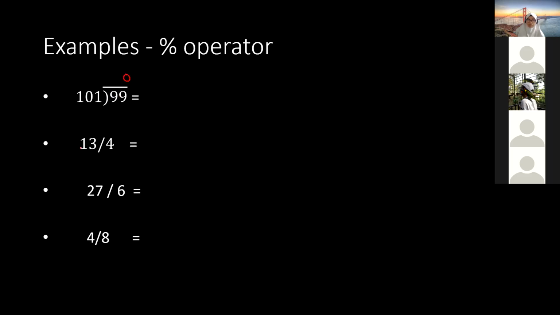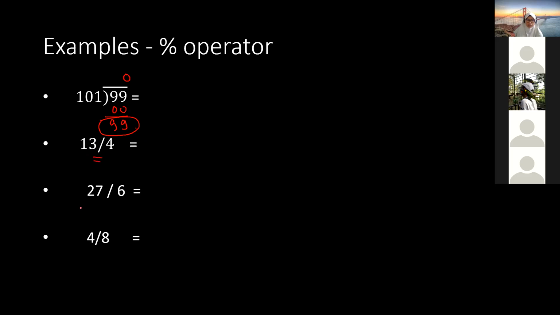So this is 0. If you put 1, you cannot evaluate this one. So this should be 0 and then 99. So the remainder of this one is 99. There's no way that you can divide that directly. If you use integers, by the way, usually a remainder operator is used for integers.